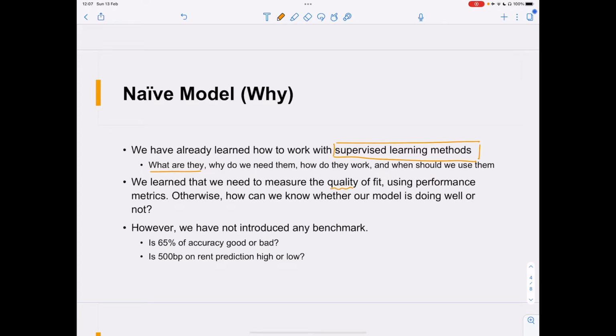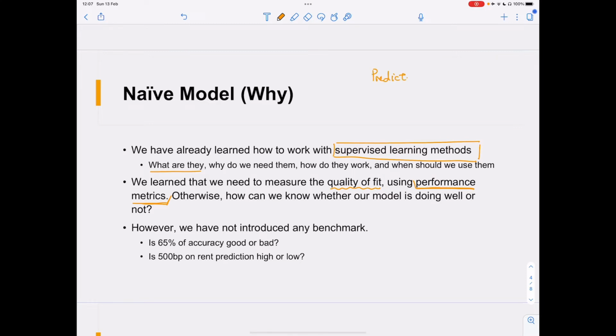Okay, how good is our model? How to do so using performance metrics. We said that we cannot evaluate the quality of learning directly, so quality of learning should reflect itself in quality of prediction. Therefore, we use prediction performance metrics.